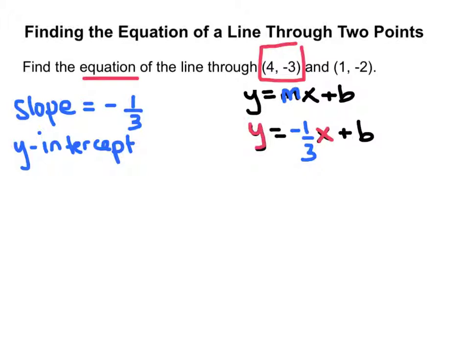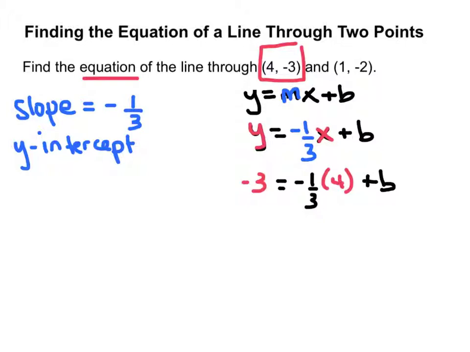So let's do that. -3 equals -1/3 times 4 plus b.